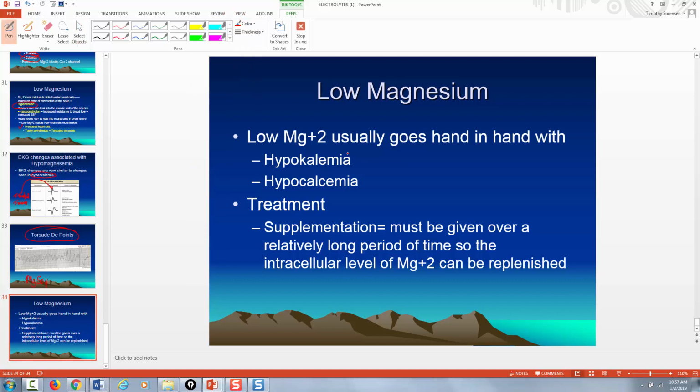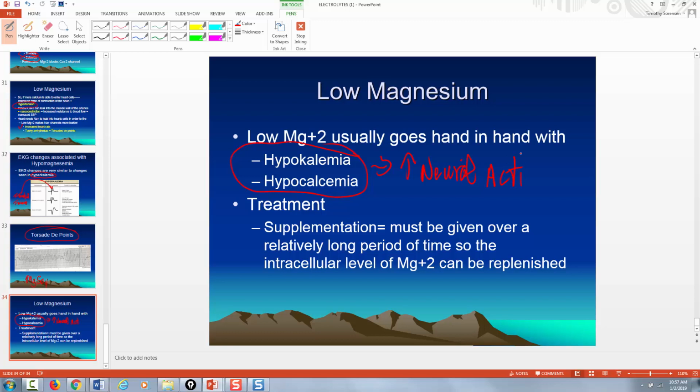Here's another thing. Low magnesium is usually associated with hypokalemia and hypocalcemia. So if you remember what hypokalemia and hypocalcemia do to nerves, then you should recall that it increases neural activation, right?